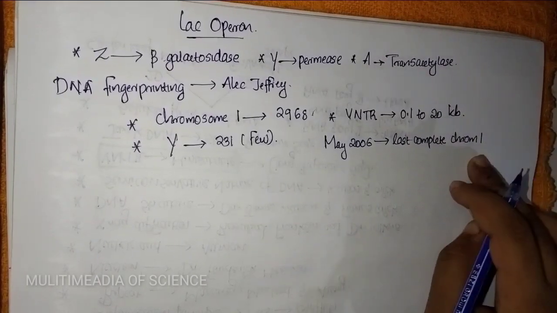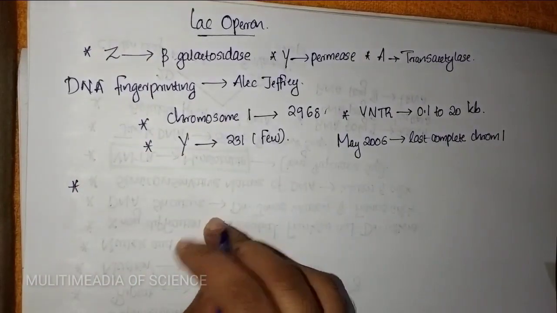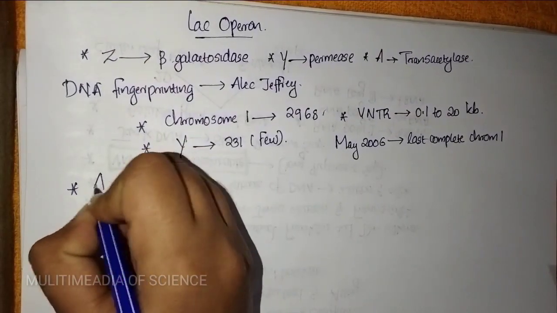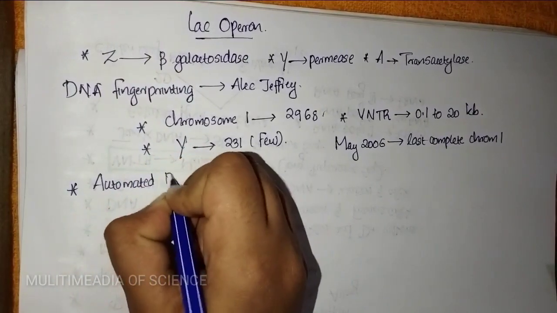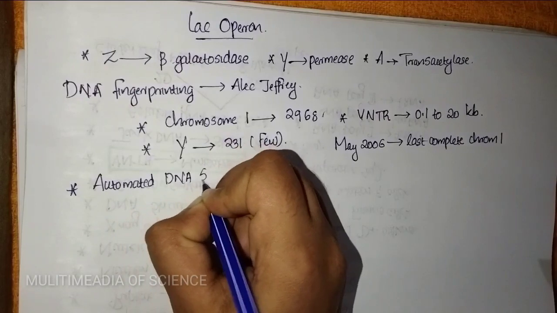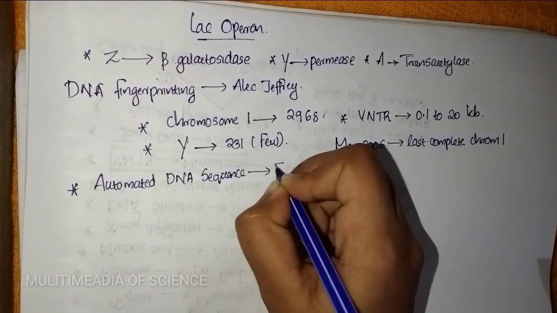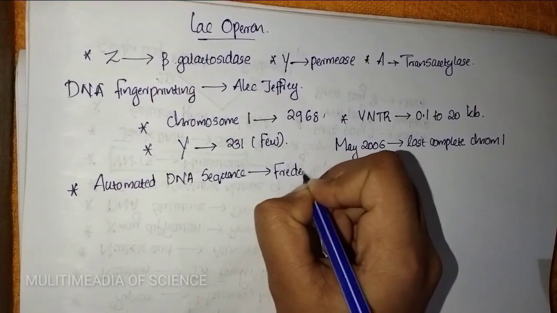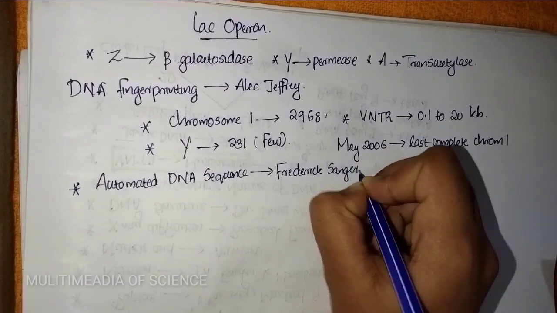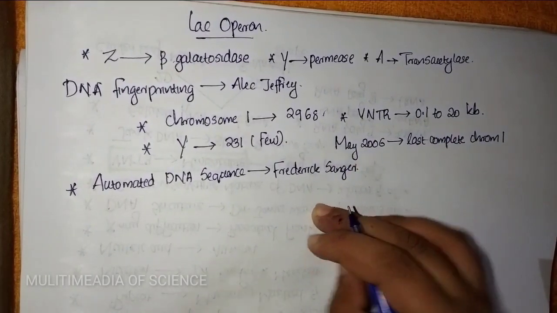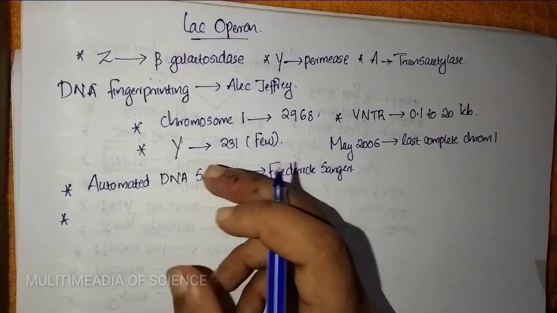Then next is automated DNA sequencing, and it is by Frederick Sanger. Then one example of a free-living non-pathogenic nematode.